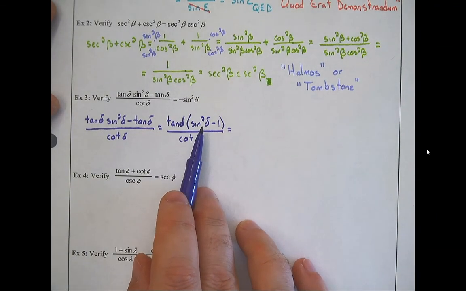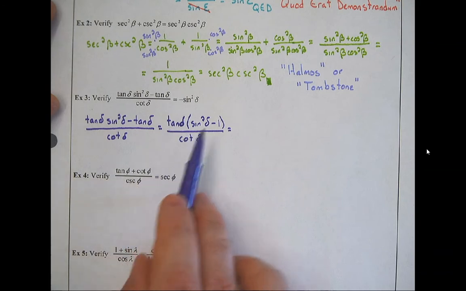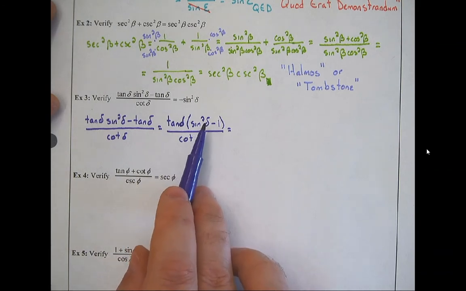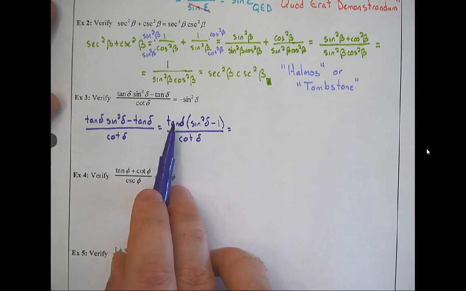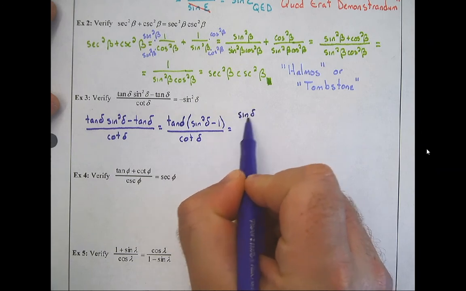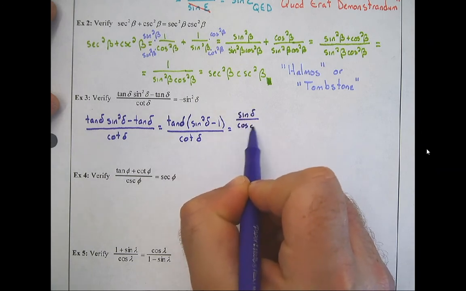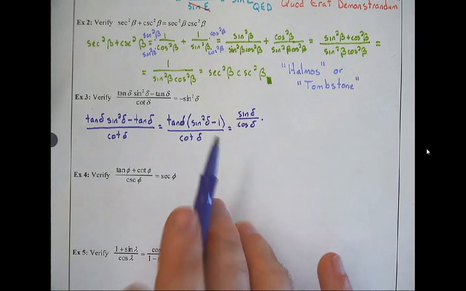All right, now I see a bunch of things here. This is not a sine or a cosine. This is not a sine or a cosine. And then this, to me, is a Pythagorean identity. I might have to go look up. So let's start with these two. Tangent is sine over cosine. So this is going to become sine of delta over cosine of delta times sine squared minus 1, which is backwards.